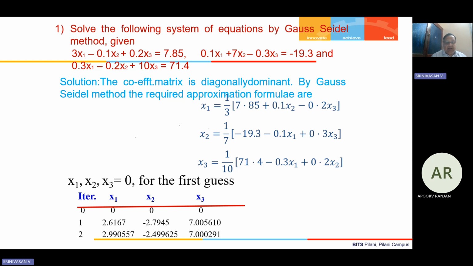I think that would be better. You can cross check and then find out; if you want, you can go for one more iteration. Second and third equations I have seen now. They are all satisfied with x1 equal to 3, x2 equal to minus 2.5, and x3 equal to 7.